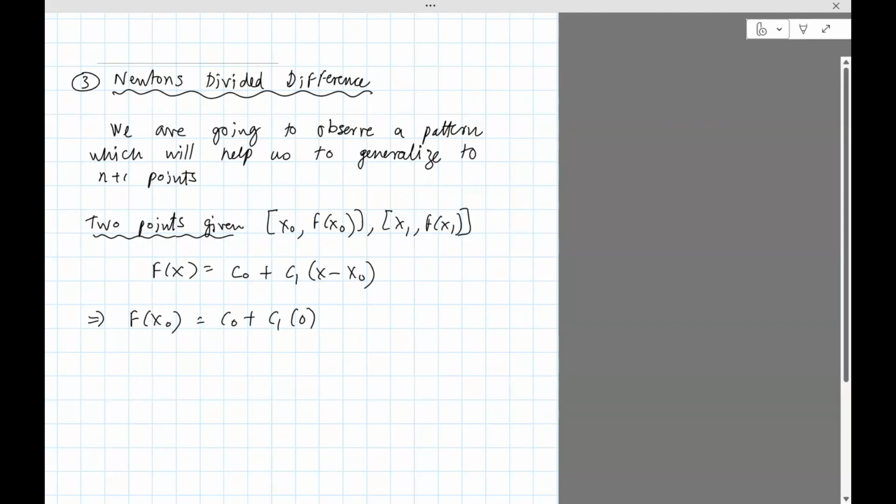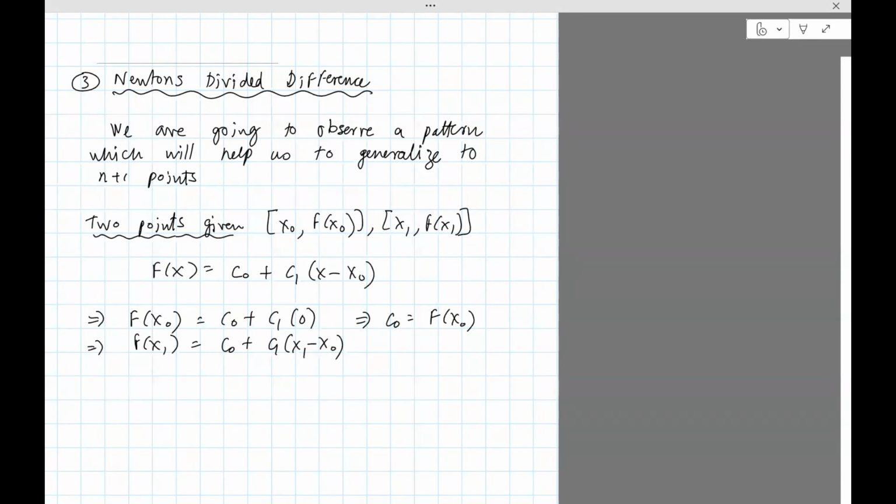The whole point of writing x minus x0 is that when you put x equals x0, C1 cancels off in the first equation, and you obtain C0 as f of x0. Now let's put the other point: f of x1 is C0 plus C1 times x1 minus x0.